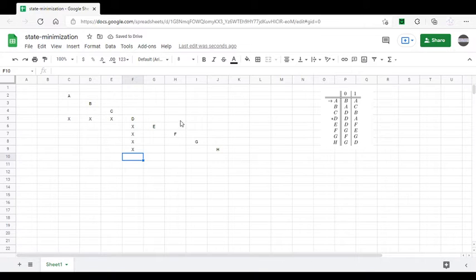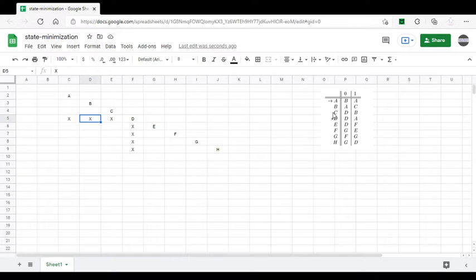Why is that? Because A is a non-final state, D is a final state, B is non-final, D is final. So all pairs where one is final and one is non-final, those are the ones that I'm putting a tick on.